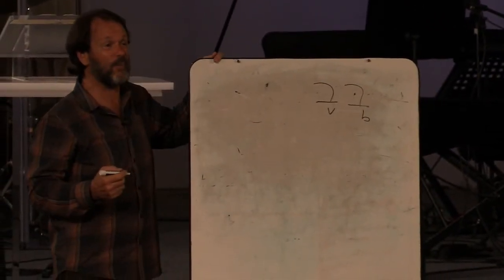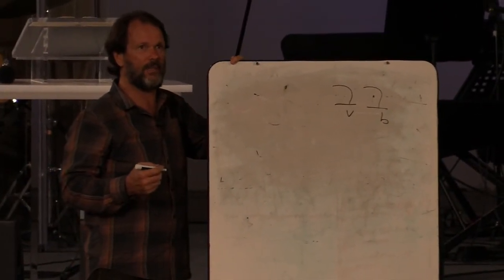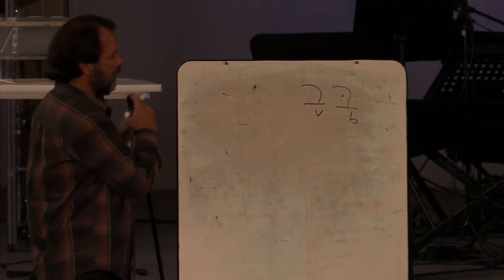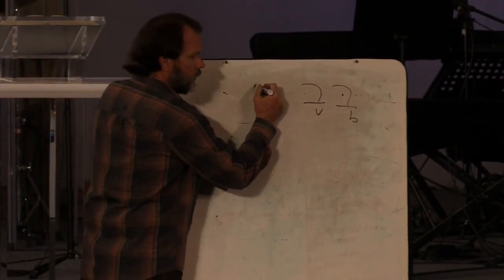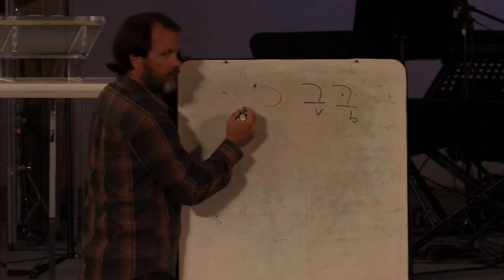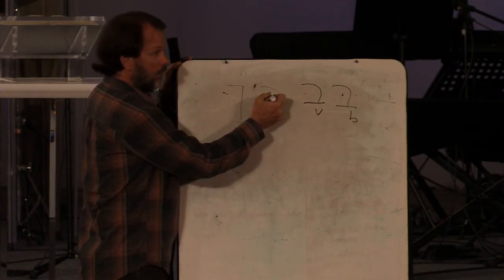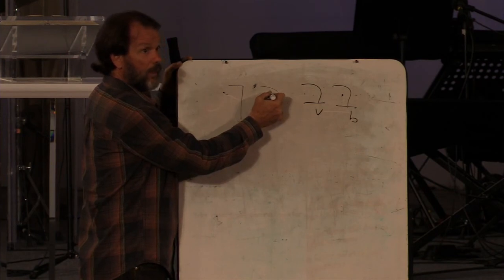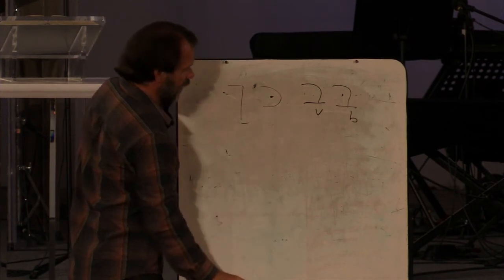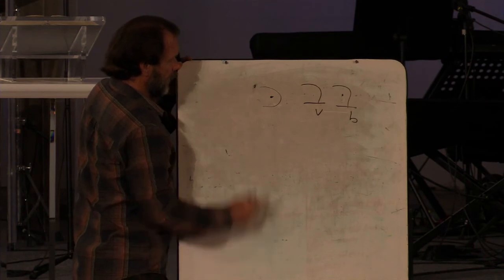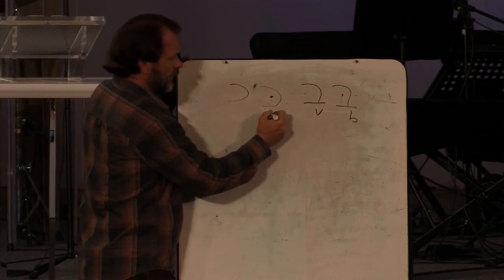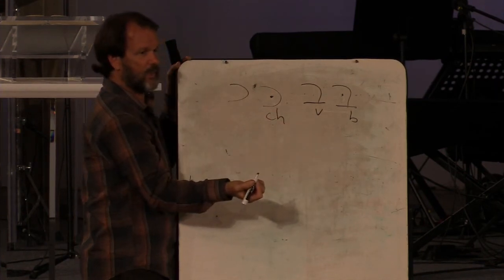Okay, the next one that has a dagesh in it would be, I think, is there something before kaf? Maybe there's not. Okay, so here's the dagesh. Kaf. The kaf has the dagesh, and without the dagesh. With the dagesh, we basically say it's a ch.